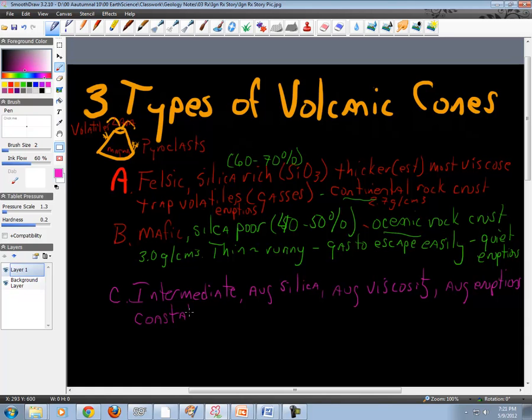So this is more coastal rock. And in terms of eruptability, probably the most dangerous of all the eruptions. Because we build up some of the thickness of this, we build up some of the water content in this, which tends to be the volatiles, trapped by the thicker molten rock, which makes this eruption the most violent.